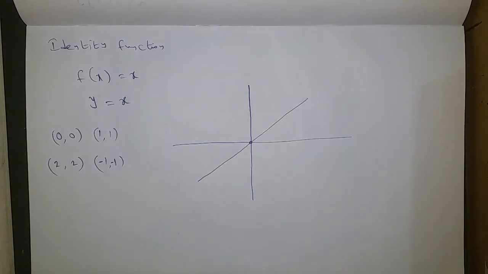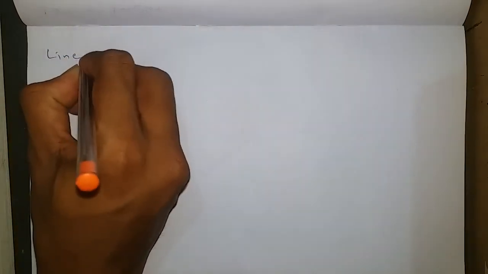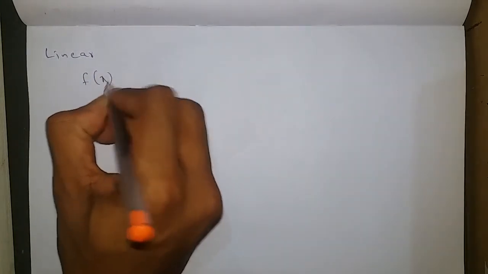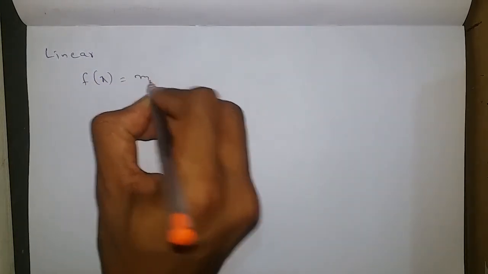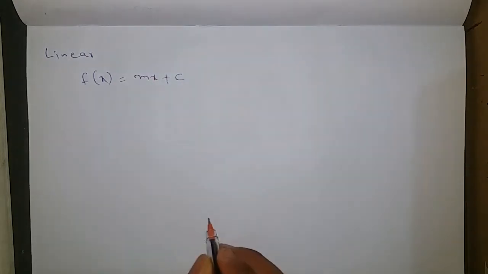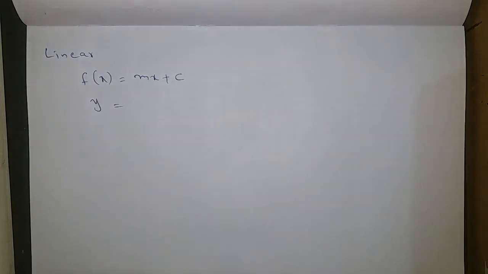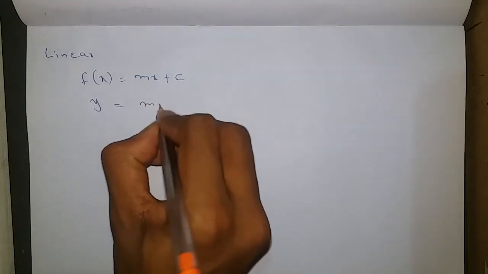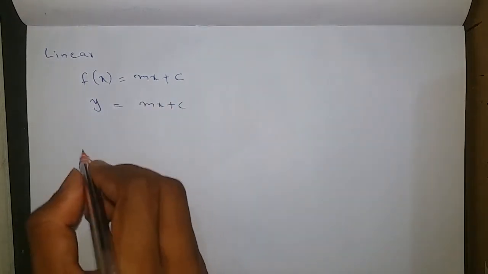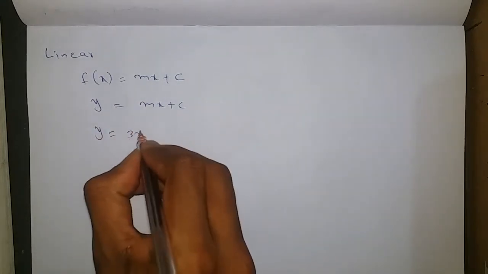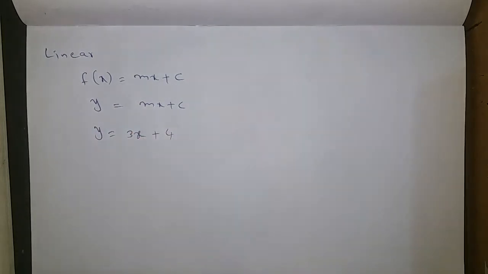Next type of function is linear function. This linear function is nothing but f of x is equal to mx plus c. F of x is nothing but y, so y is equal to mx plus c. Now for easy explanation, I am taking some values. y is equal to, m I am taking as 3x, constant I am taking as 4.